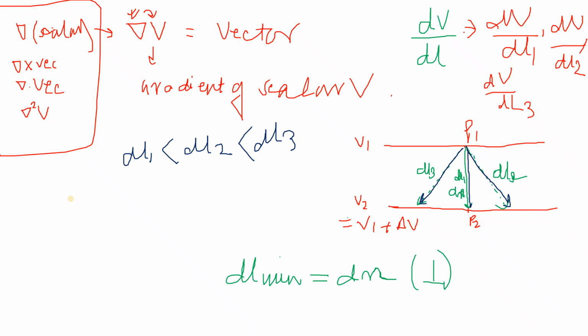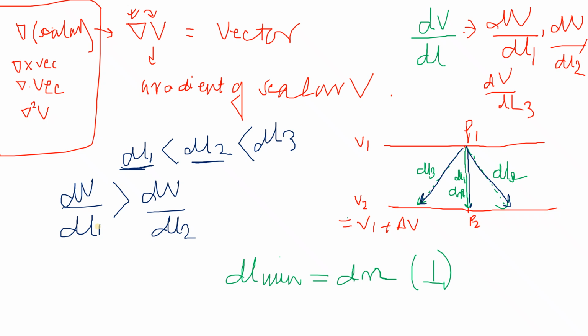Suppose dl1 is less than dl2, which is less than dl3, so dl3 is the longest one. Obviously dV by dl1 will be greater than dV by dl2. Why? Because if dl1 is shorter than dl2, then this whole thing will increase. So I have to take that value of dl so that I get the maximum value of dV by dl.